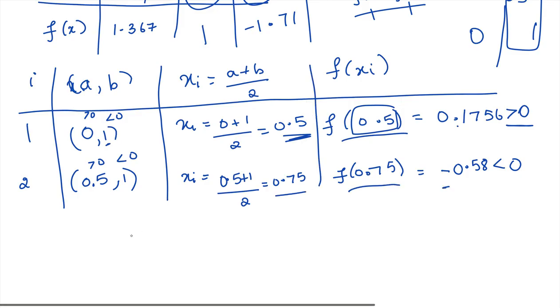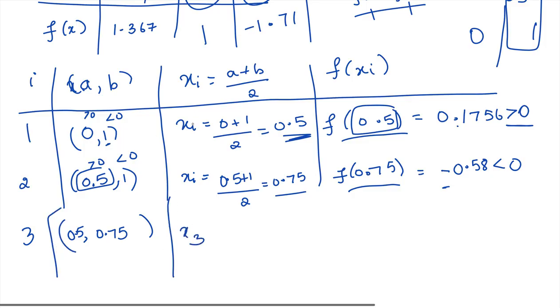So we'll include 0.75, and in the previous interval we'll take the one giving us greater than 0. So it's 0.5. Now our next root lies between 0.5 and 0.75. So this is the third step, right? So it will be x3. So here it should be x1, x2, x3. Now what is x3? 0.5 plus 0.75 by 2, it's 0.625.